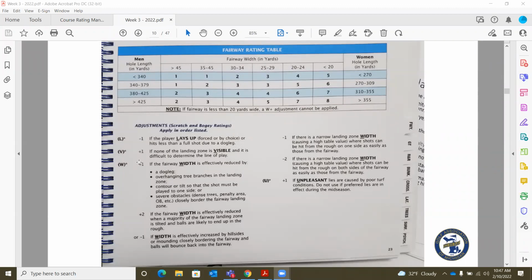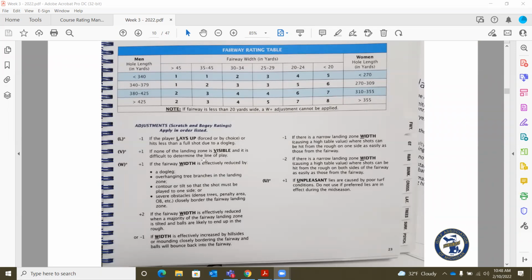And then we have others on here as well. Visible, or V, is, I'm just going to read it here because it's a couple things. It's that none of your landing zone is visible, so you can't see where you're hitting it, and it is difficult to determine the line of play.